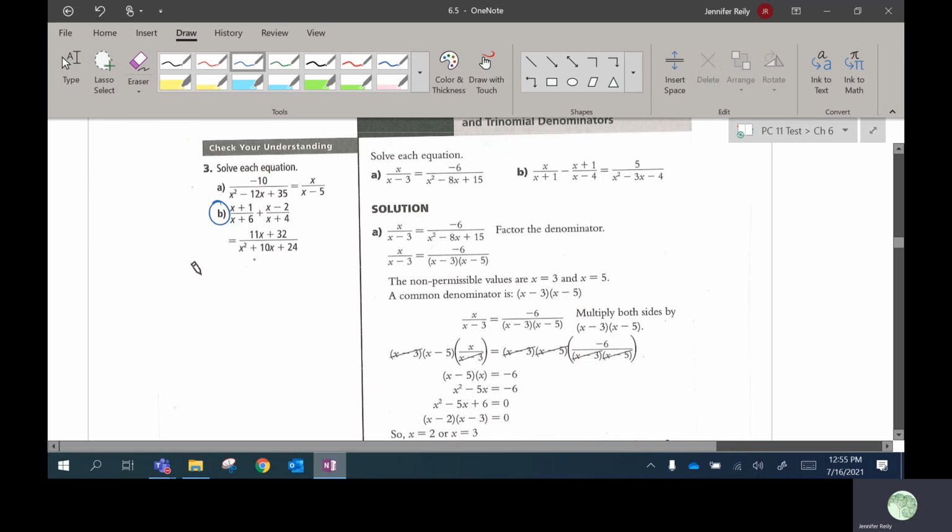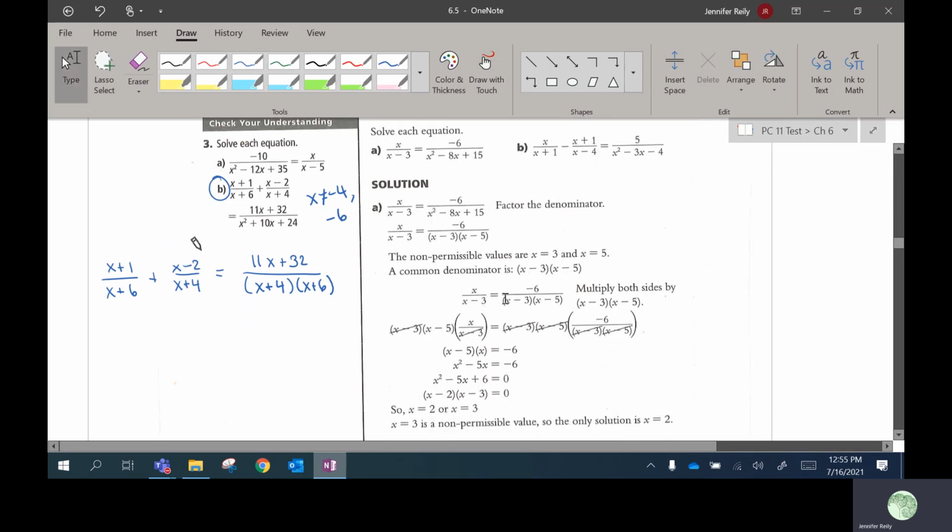So x plus 1 over x plus 6, then we have x minus 2 over x plus 4, then we have 11x plus 32 over, and this factors to x plus 4, x plus 6. So we should write right away that our non-permissible values are x cannot equal negative 4 or negative 6. So if either of those shows up in the solution, we can't use it.